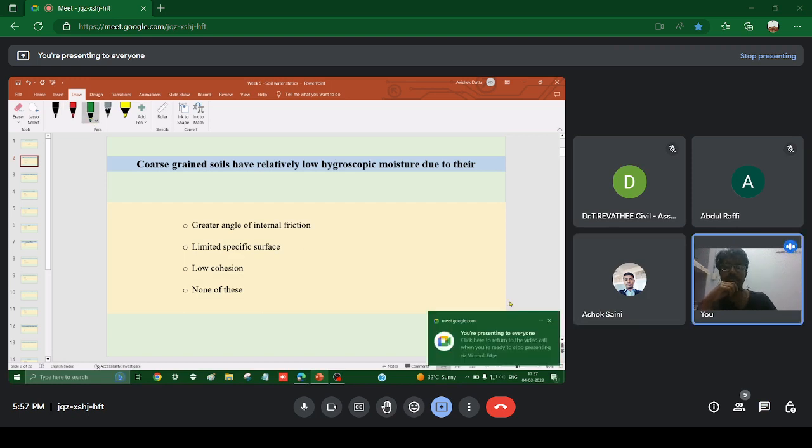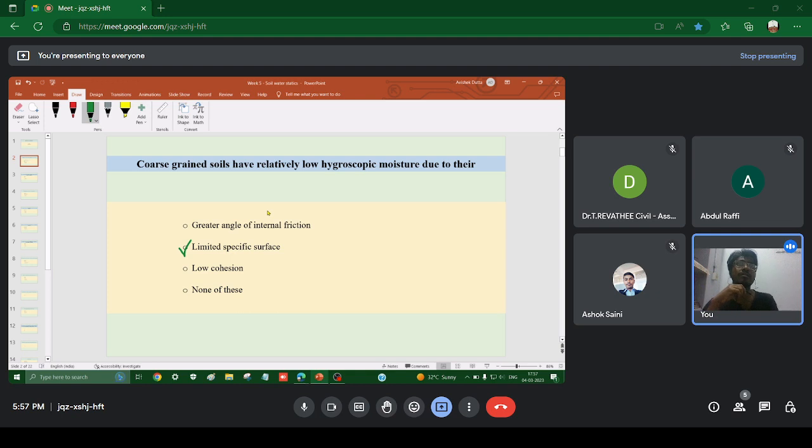The answer is, coarse grained soils have low hygroscopic moisture due to their limited specific surface, because hygroscopic moisture is the adsorbed moisture due to adhesion on the surface. Coarse grained soil has less specific surface than fine grained soil. Specific surface means surface area per unit mass.